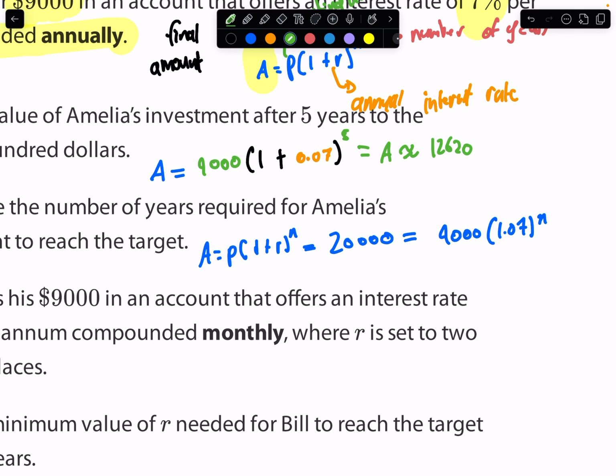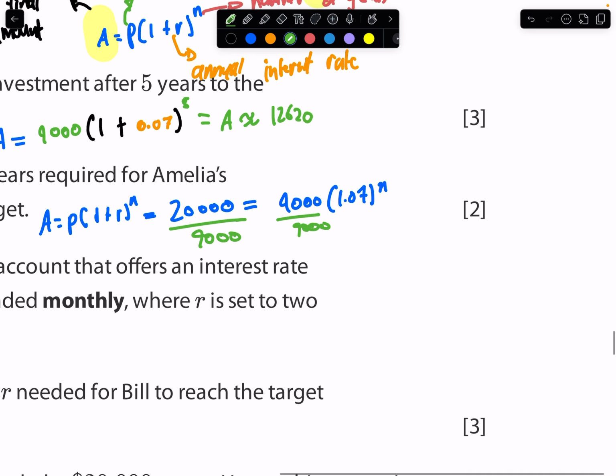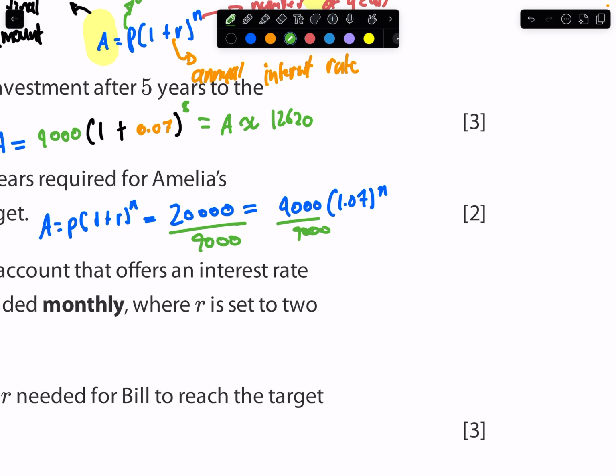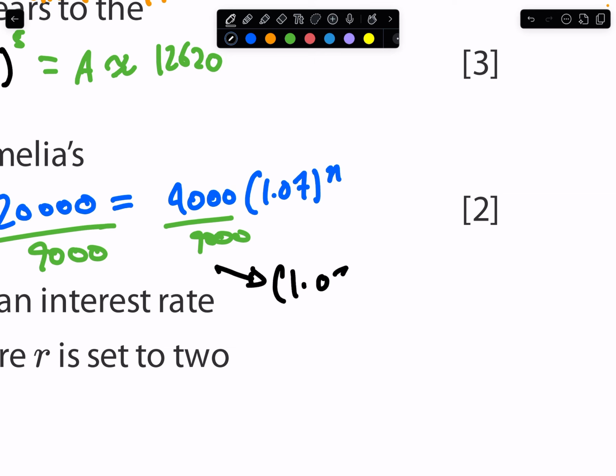Now, since we're trying to find n, we have to isolate it, correct? So we divide by 9,000, which will give us 2.2.